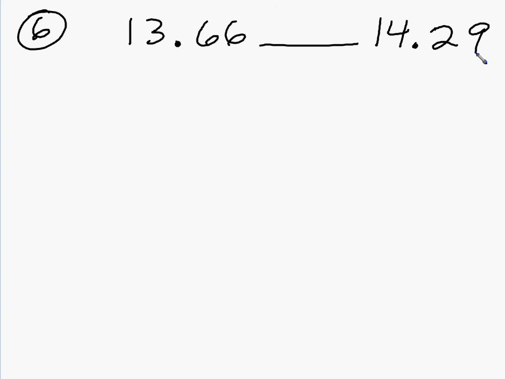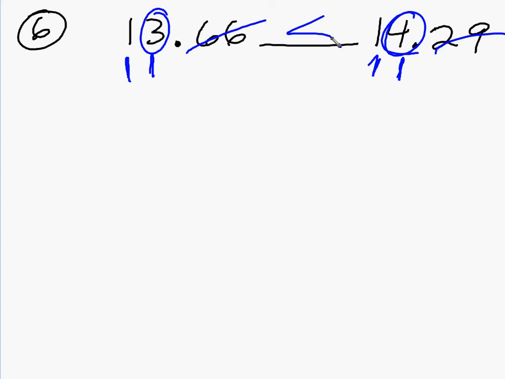Well, just like before with regular numbers, we start at the left and then we work our way over. Okay? At the tens position, they're the same. But when we get to the ones position, 4 is bigger than 3. I don't even need to look at these decimals. It doesn't matter. All right? Because 14 is bigger than 13, so that one's bigger. Okay? And we will stop there for today.